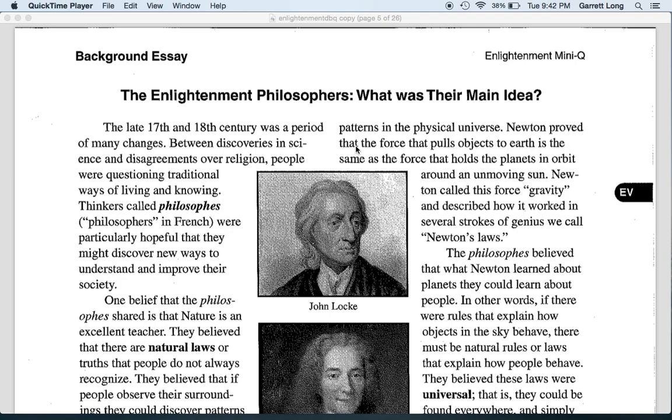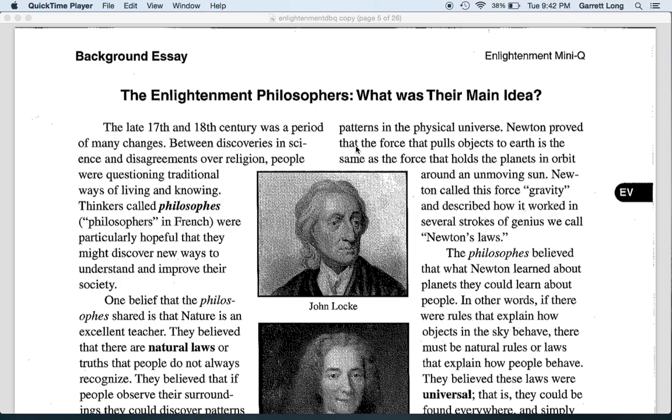I'm going to go through this background essay and tell you certain things to highlight, and I will also tell you what to write in the margins. It will help us when we are analyzing this information, and it makes it a lot easier when we start writing our essay. So please follow along as I read. If I tell you to highlight something, highlight it. If I tell you to write something in the margins, I need you to stop and annotate in the margins.